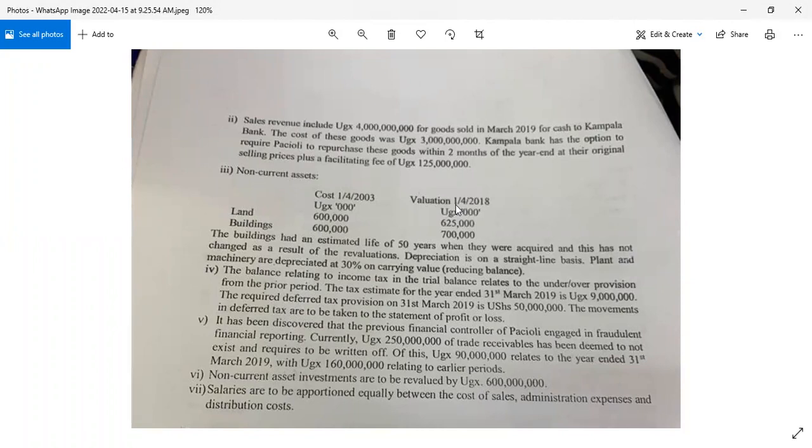Then we are saying that on 1st April 2018, the beginning of our current year, all the land and building were revalued and have a revaluation of 625 and 700 officially. So what we're going to do is first deal with this revaluation at the beginning of the year and see how it looks. Let me take it to my working.